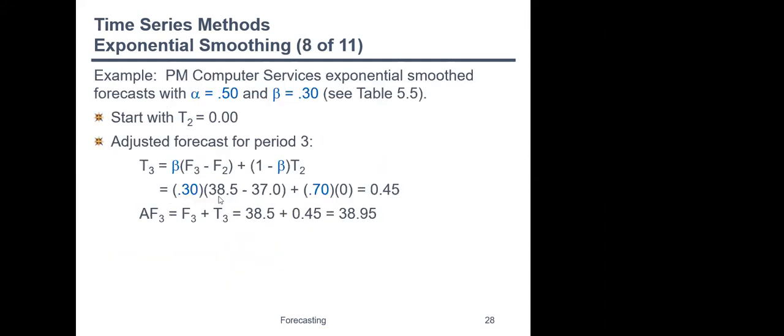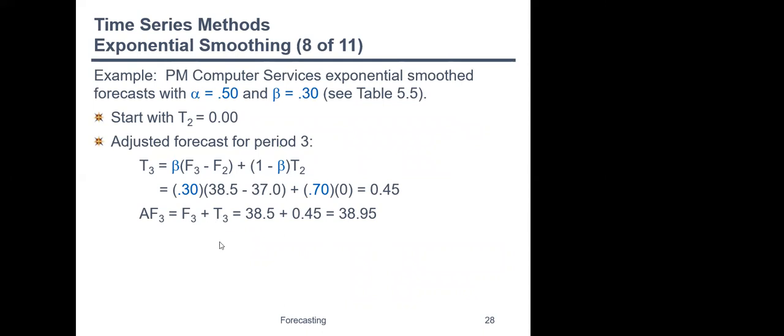So you realize that it is 38.5 minus 37.0, plus 0.7, because it told us 1 minus beta, and our beta is 30%. So that is 1 minus 30%, that is 70%, multiplied by T2. And our T2 here is 0. So multiplied by 0, and that gives us 0.45. So if we now want to find our adjusted forecast for that period, it is giving us F3 plus T3.